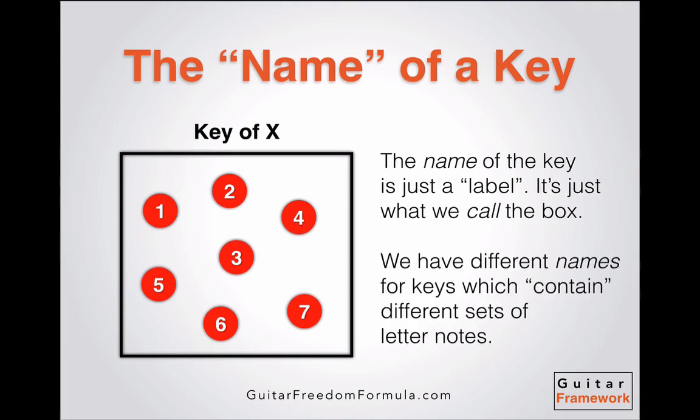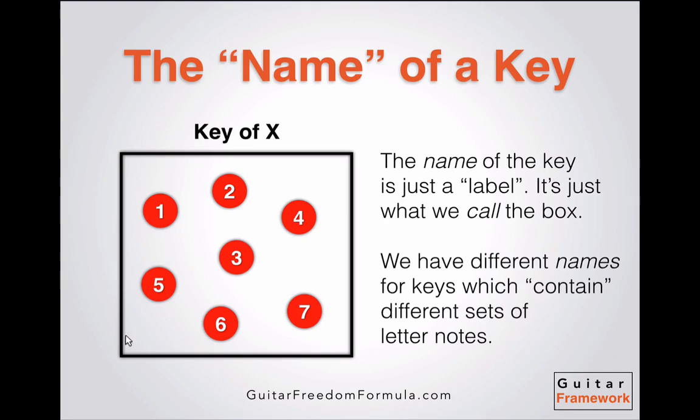All right? So again, we have different names for these different keys. The reason we have different names is because the different keys literally contain different sets of letter notes. As a really, really simple example, let's just assume we had 3 notes in a key.